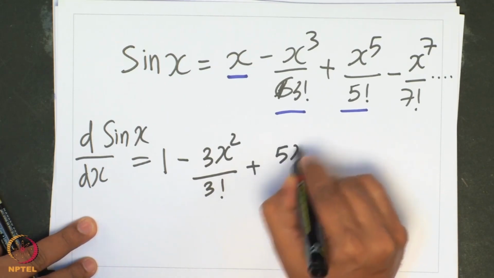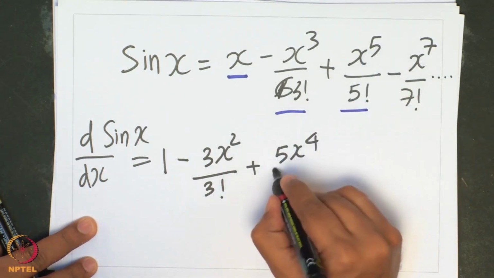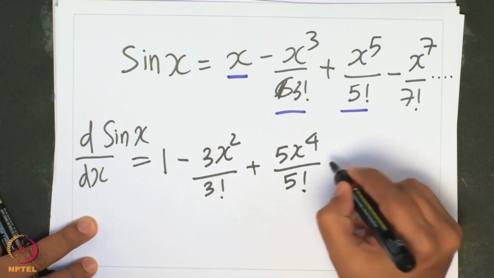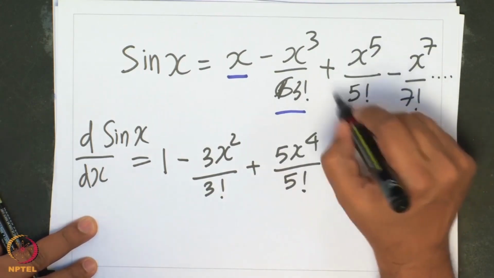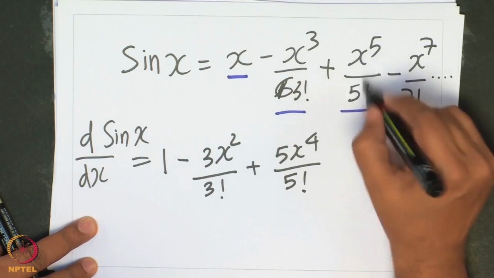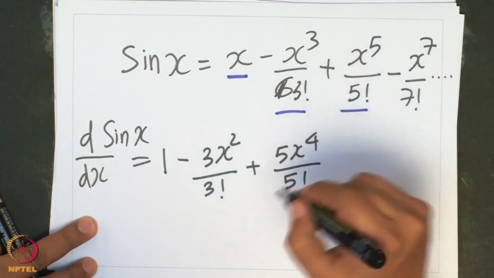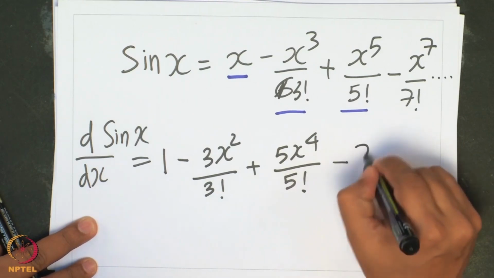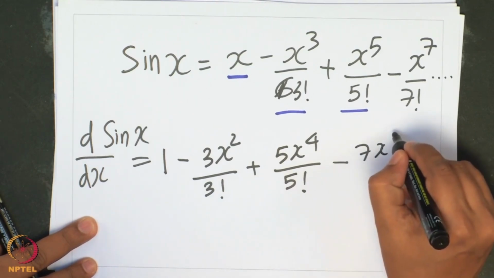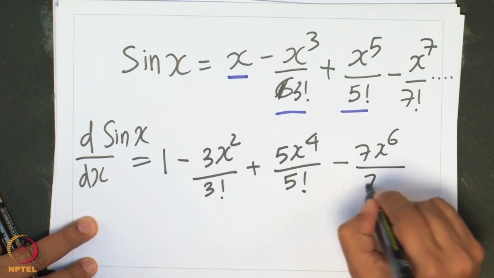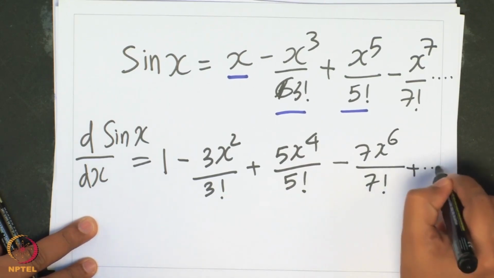Plus 5x power 4 is the derivative of x power 5 divided by 5 factorial, where 5 factorial is a constant. So, I keep the 1 over 5 factorial as it is and find the derivative of x power 5 only. Then I will get minus 7 x power 6 divided by 7 factorial plus dot dot dot.